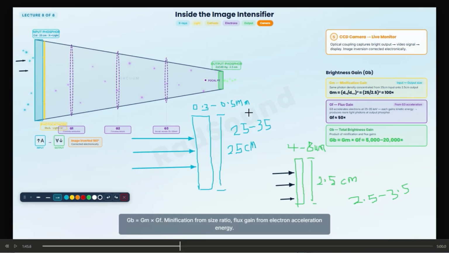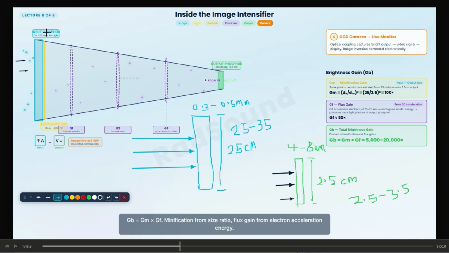Recap regarding the image transfer, because it is very important. The input passport height is mostly 25 to 35 centimeter, and we're taking 25 centimeter for illustration, and the thickness is mostly between 0.3 to 0.5 millimeter, or 300 to 500 micrometer. You can take micrometer, better because of the output passport also.